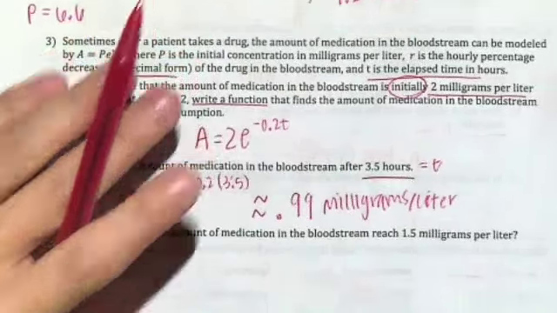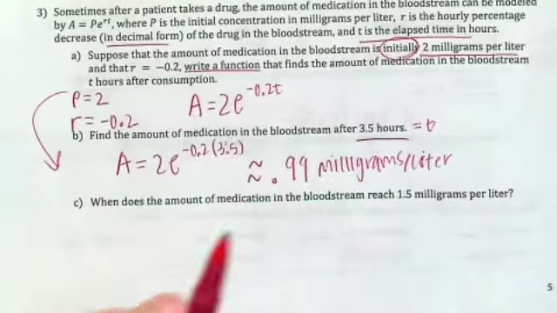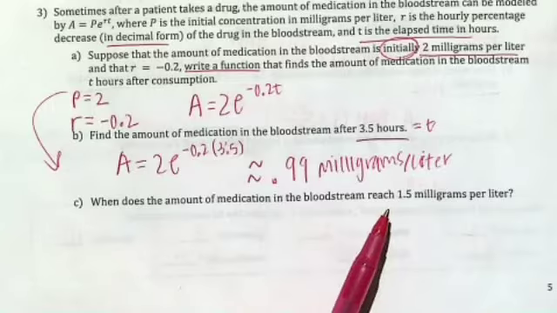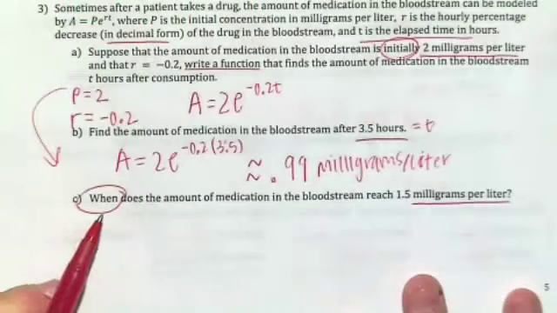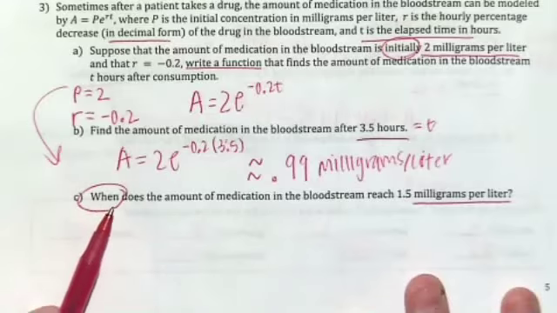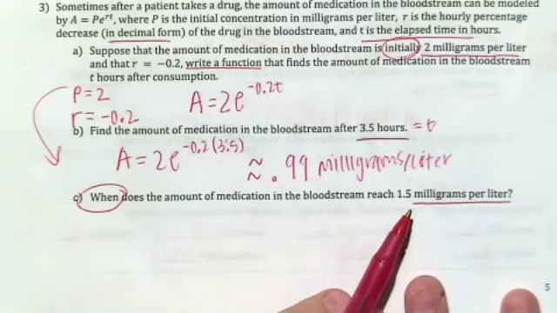Next, that's great. We can find out for any T what the amount is. But what if it asks differently? When does the amount of medication in the bloodstream reach 1.5 milligrams per liter? This is asking things differently. It's wanting to know, how long does it take? What is the T to give me an output of 1.5?